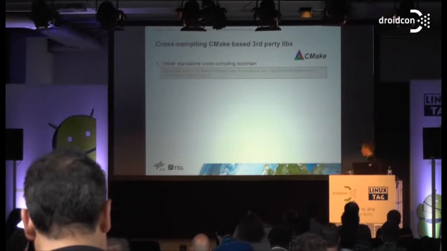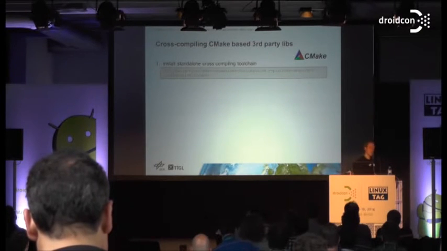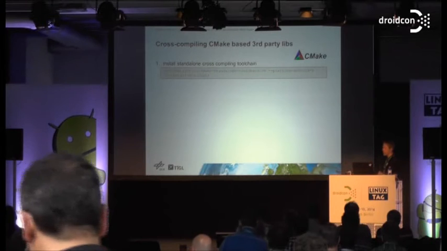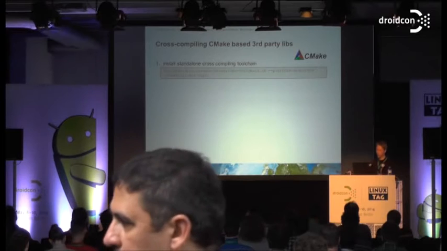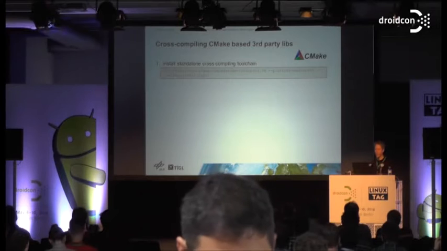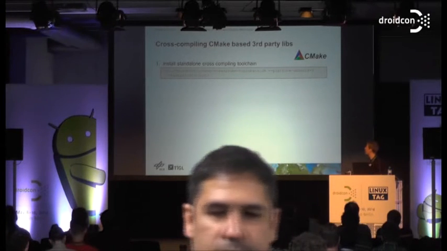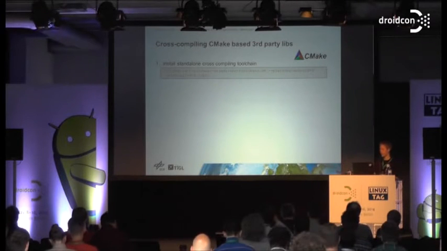So in the next step, we had to compile that after patching, and it's a CMake-based toolchain. And what you can do is install on your computer a standalone cross-compiler toolchain with the NDK. The NDK has a script, make-standalone-toolchain, where you just define your target platform and the target directory you want to install that to, and then you get a complete standalone toolchain and use that for cross-compilation.